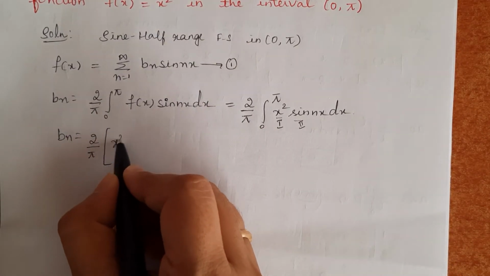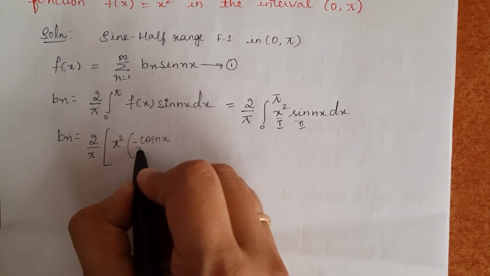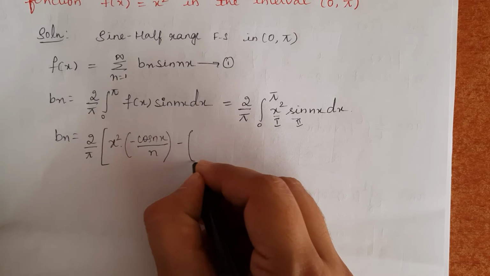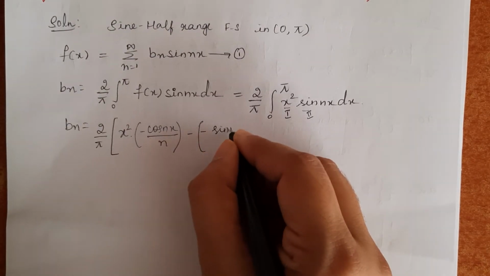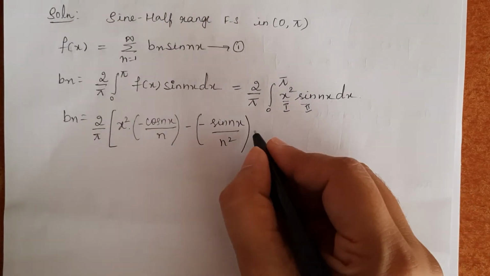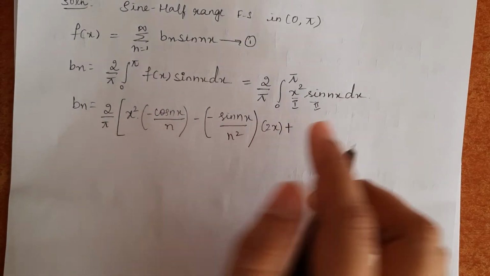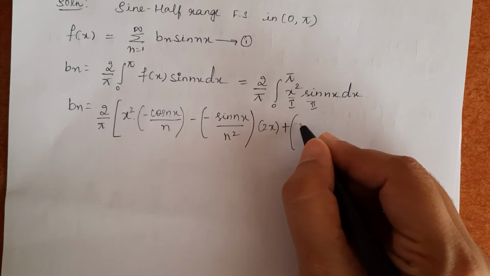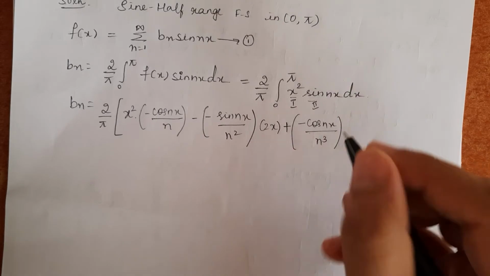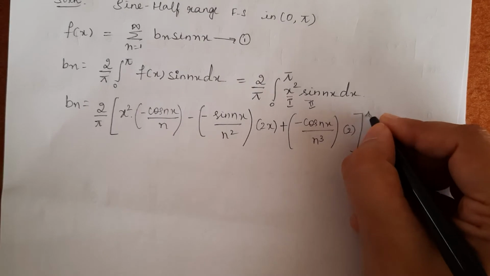Bernoulli's rule is first term into integration of sine nx, which is minus cos nx divided by n, minus integration of this cos nx, which is minus sine nx divided by n square, into differentiation of x square, which is 2x, then plus again integration of sine term will be minus cos nx divided by n cube into differentiation of 2x, which is 2. This is between the limits 0 to pi.